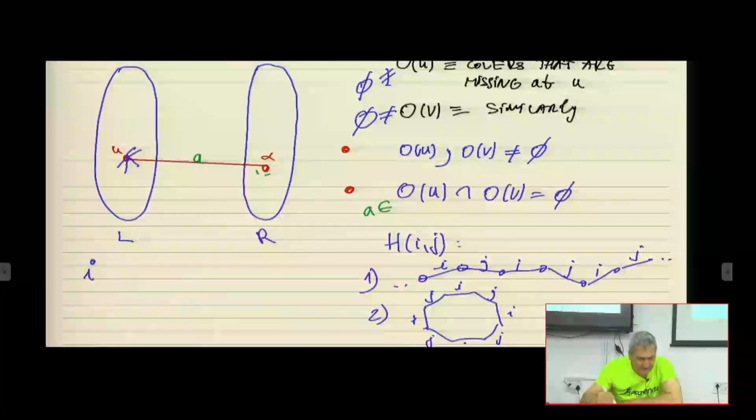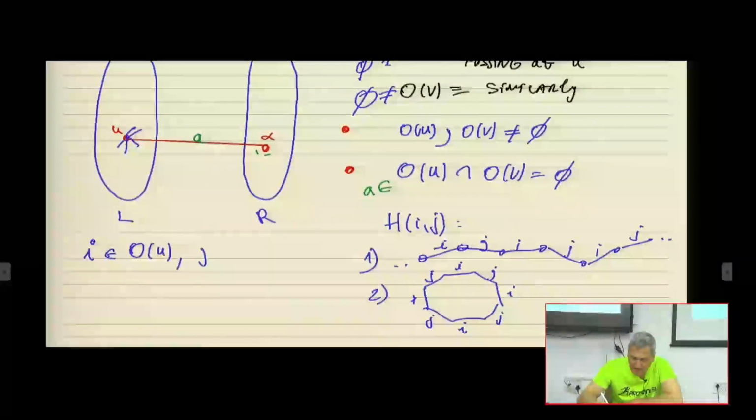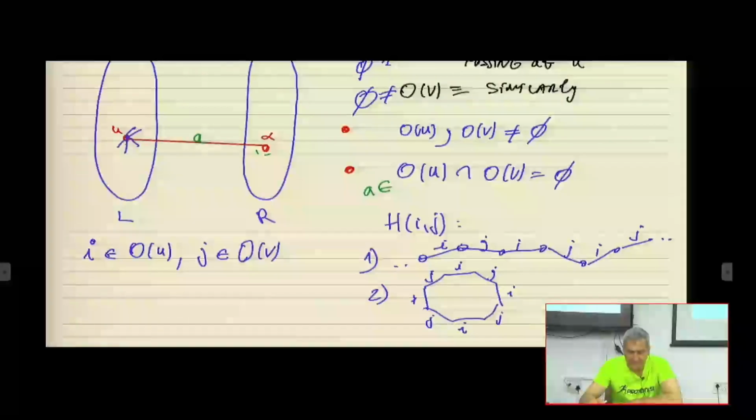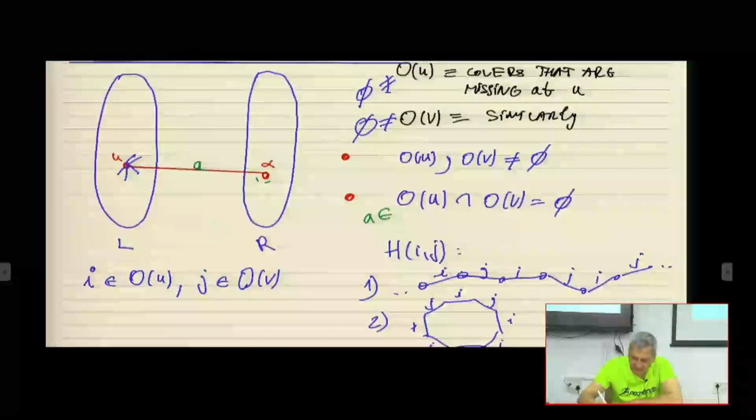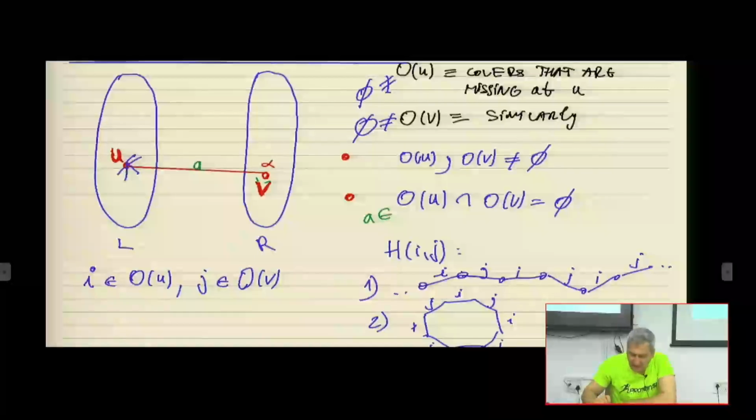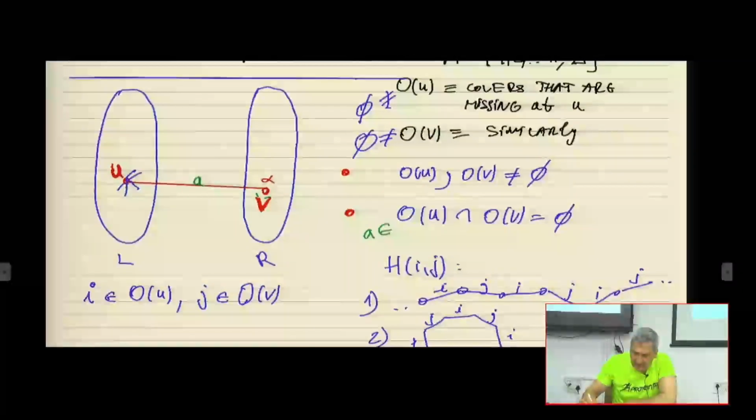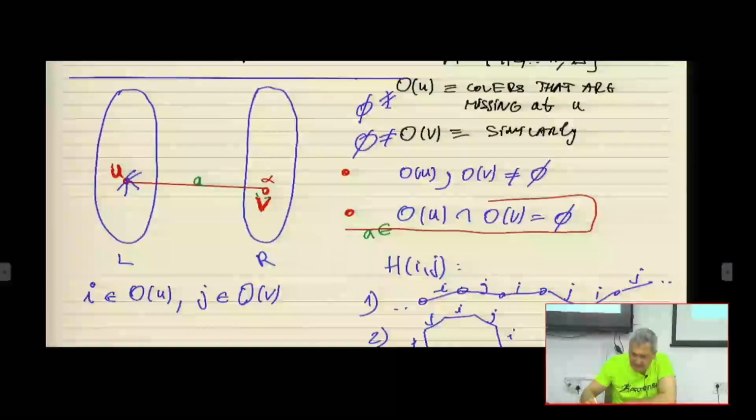Okay, so let's say I is missing at U, and J is missing at V. This is vertex V, this is vertex U. By this claim, the intersection must be empty.